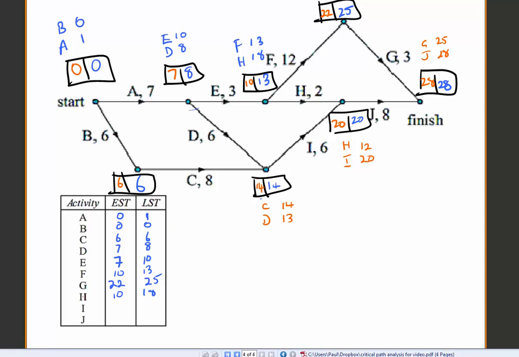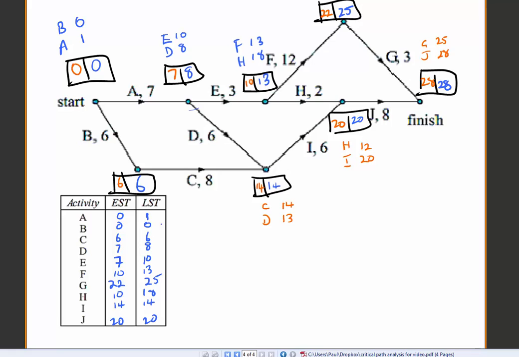I, EST 14. Okay, I can see that this is on the critical path, so what should happen is I get 14 in this position here. 20 take away 6, 14. Good. Okay, and I think this is the last one, yeah, J. EST 20, again, should be the same thing because it's on the critical path. 28 take away 8 is 20.